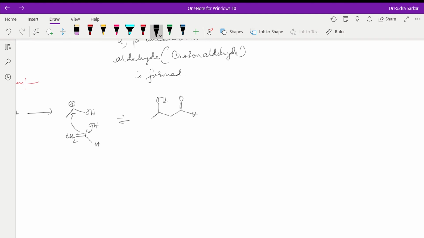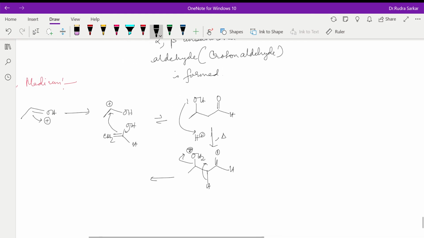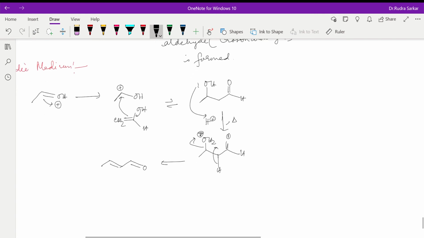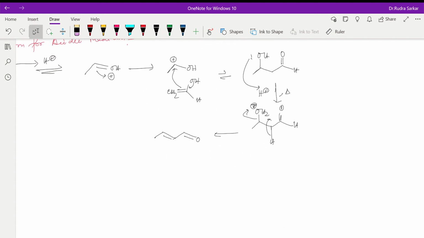Okay. Now in presence of acidic medium and heat, this might get protonated. So that goes away. This is how water is being eliminated, and we can think now crotonaldehyde is formed in this manner. It is interesting to note that we can represent, so this is basically your E form.